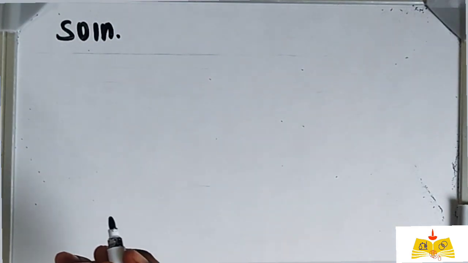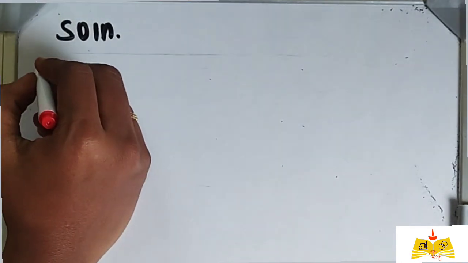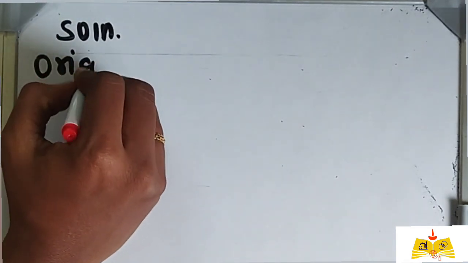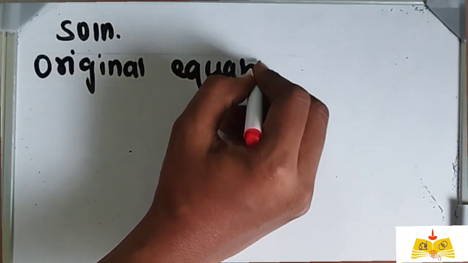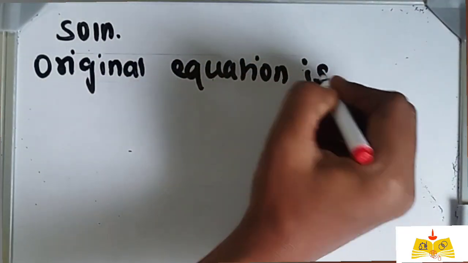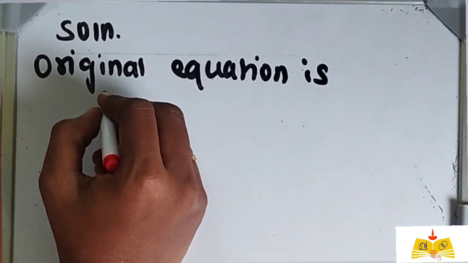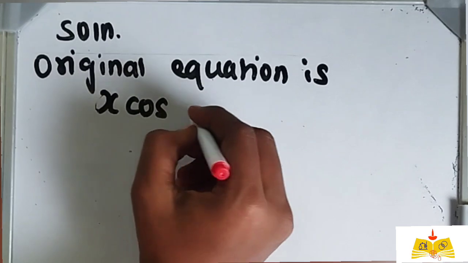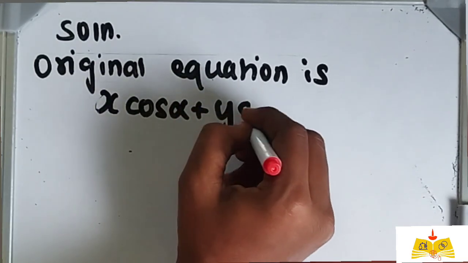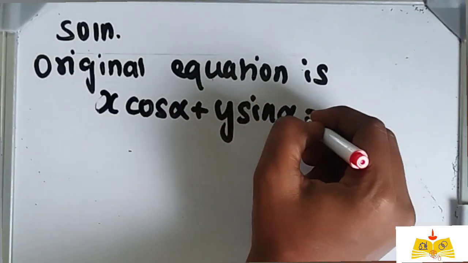So what we have is the original equation. I am writing the original equation S: x cos alpha plus y sin alpha equals p.